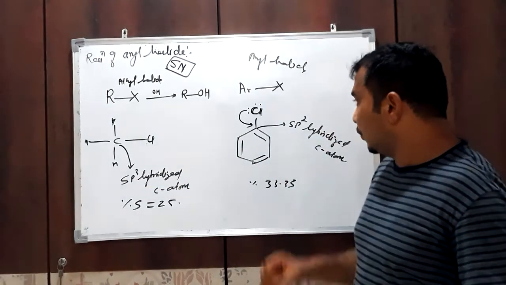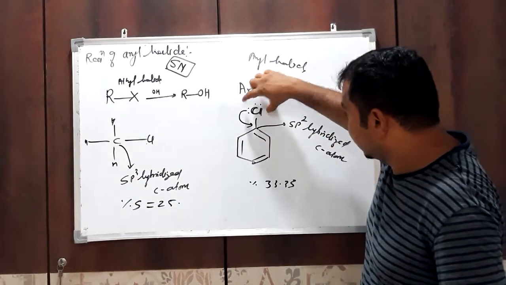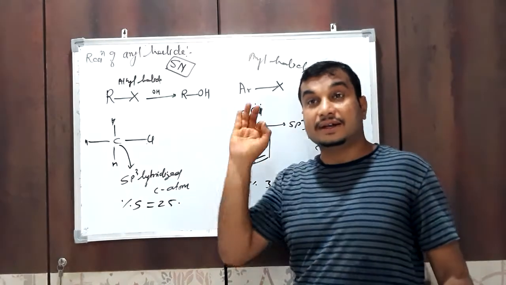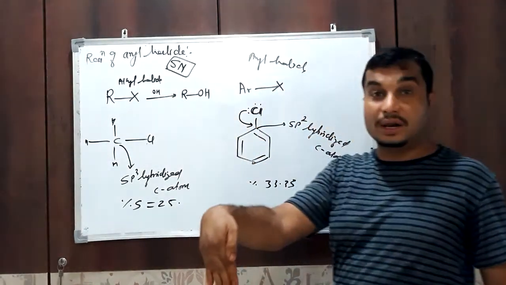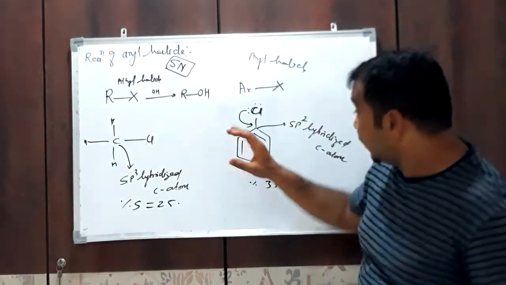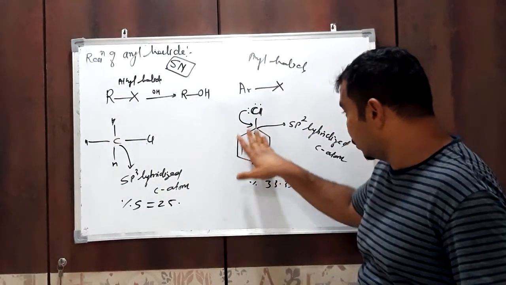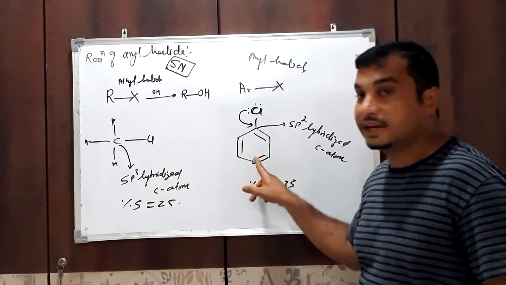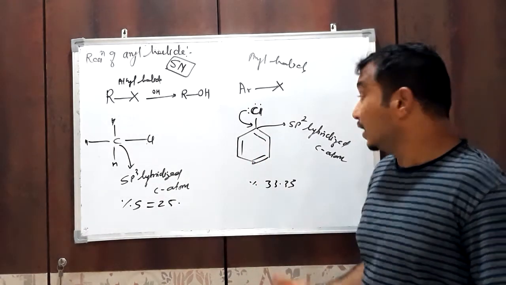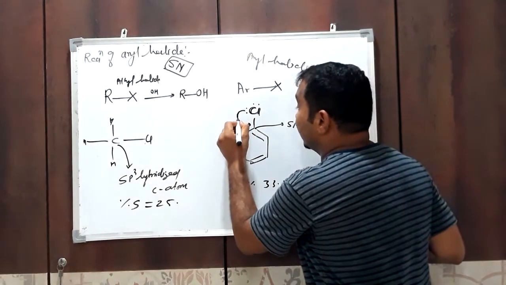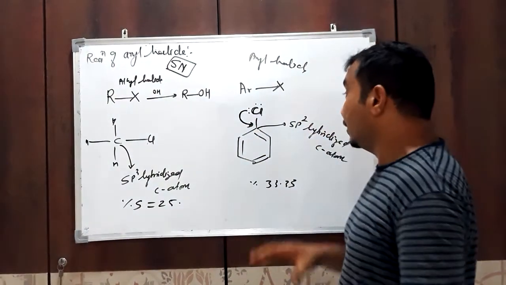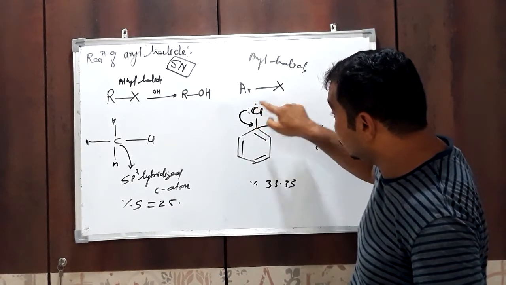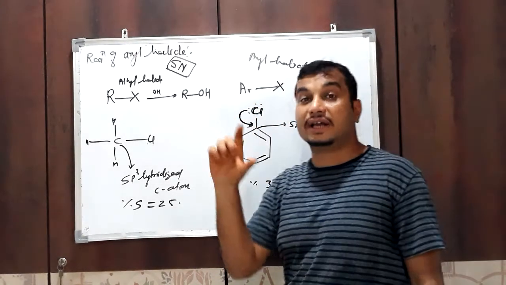We will see how resonance occurs. The halogen atom's lone pair of electrons is involved in resonance due to the alternate pi bonds, and due to this the carbon and halogen bond gains double bond character.